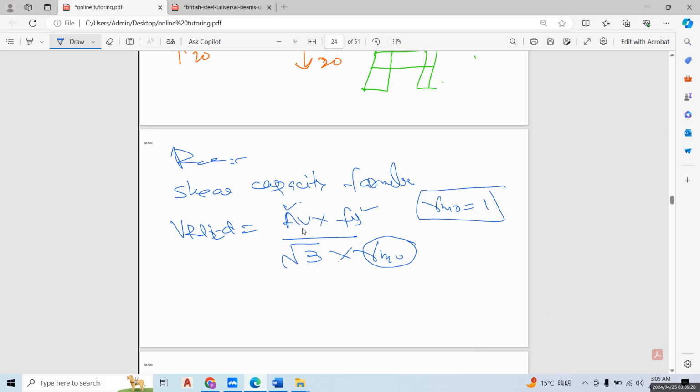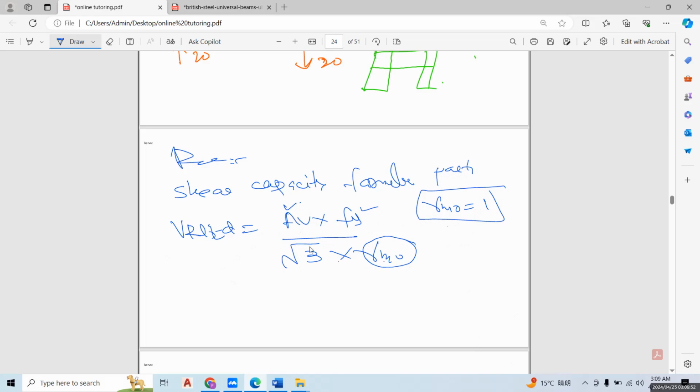What was the last one, brother? The partial factor of safety, the number one. Yes, this is a partial factor of safety. It is always equal to 1 in shear capacity questions.